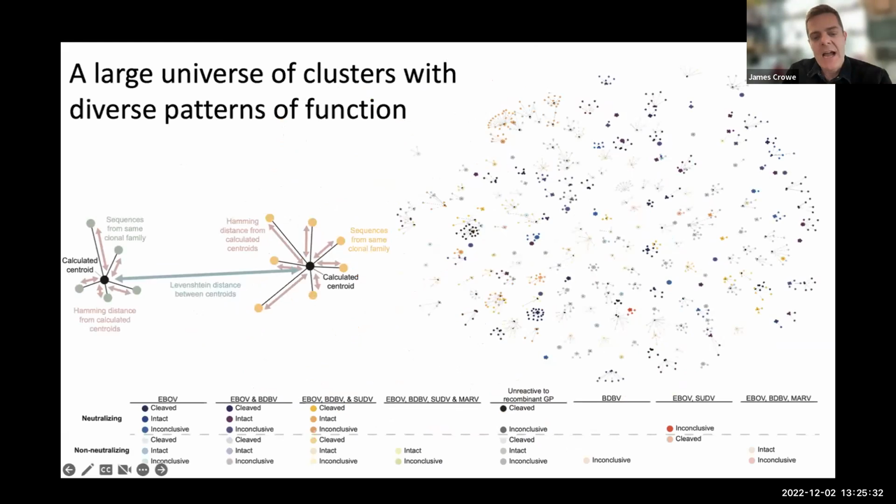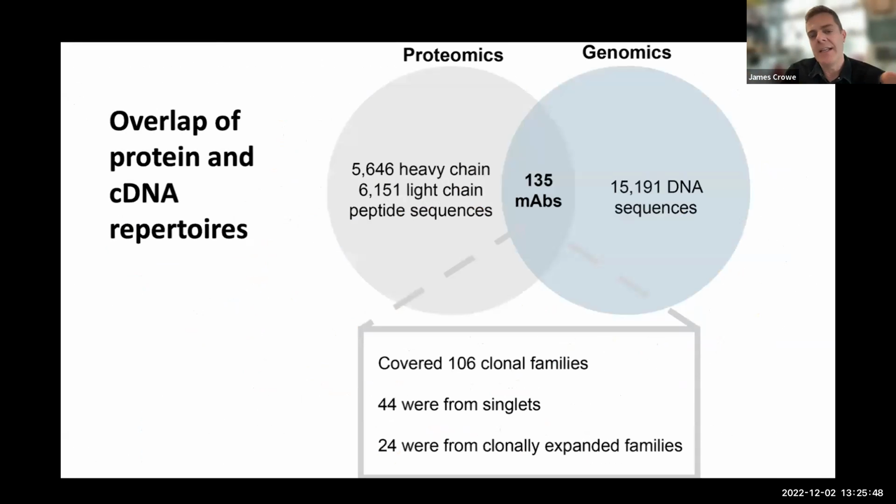And so we went and did Zaire, Bundibugyo, Sudan, and even Marburg binding and neutralization with authentic viruses, and looked at reactivity to cleaved or uncleaved proteins. And so we did a lot of work on this to phenotype these antibodies. So that's all done with single cell techniques. Now, Lisa mentioned the compartments.